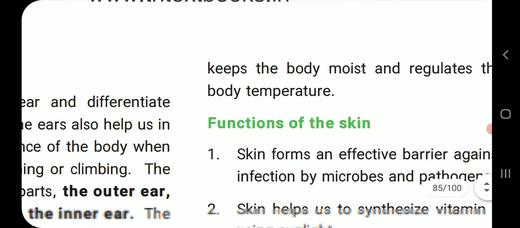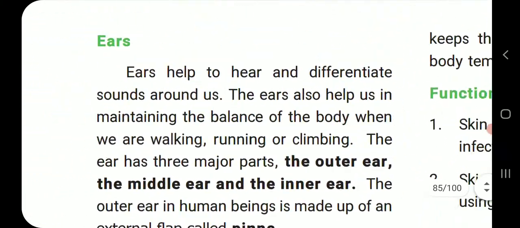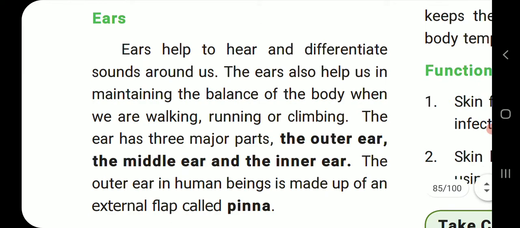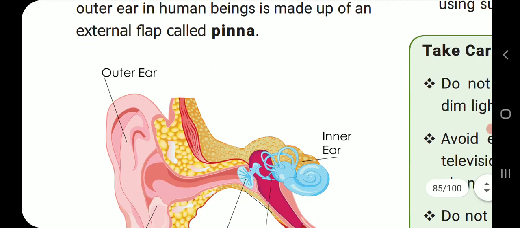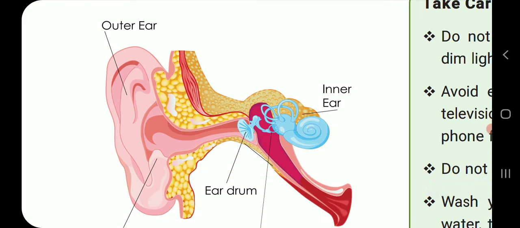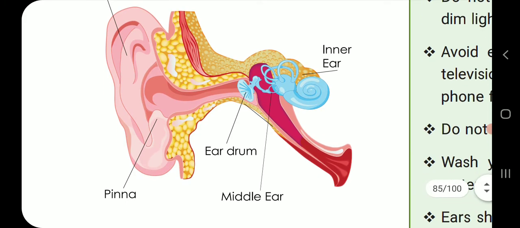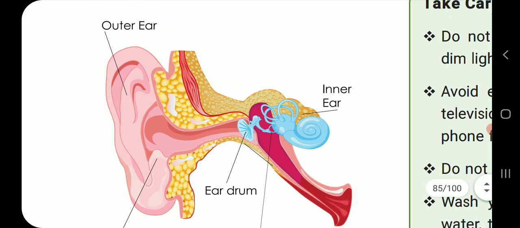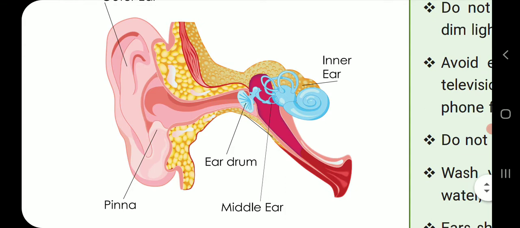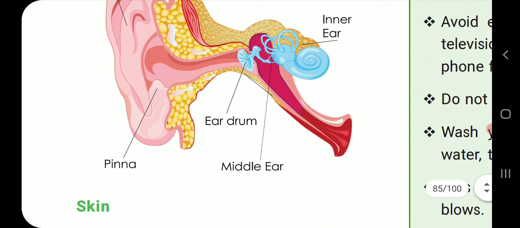And this is the eye, and then the next one will be the ears. It helps to hear, and there are three parts: outer ear, middle ear and the inner ear. This outer ear is known as pinna, and then the middle ear and the inner ear. Then we have the smallest bone in our body, that is called stapes.